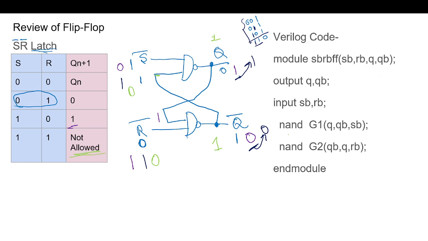In the Verilog code, we need 2 NAND gates, with inputs SB and QB with output Q, and RB and Q with output QB. Okay. Any doubt in the S bar R bar latch? Any doubts?